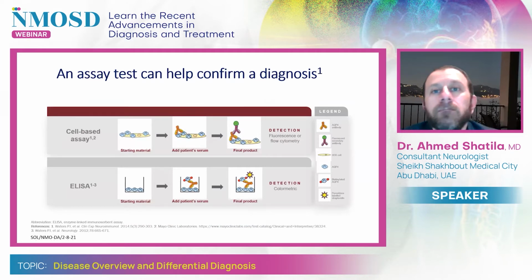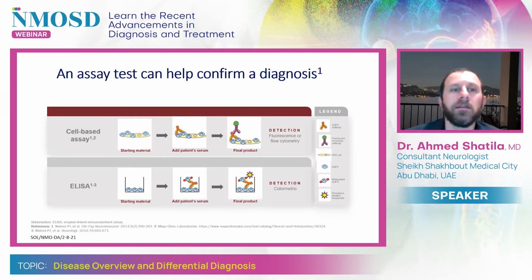So how do we diagnose it? There are 2 ways to diagnose NMO. There's the older ELISA-based assay, and there's the new cell-based assay. ELISA is short for enzyme-linked immunosorbent assay, and the cell-based has a higher sensitivity and specificity.